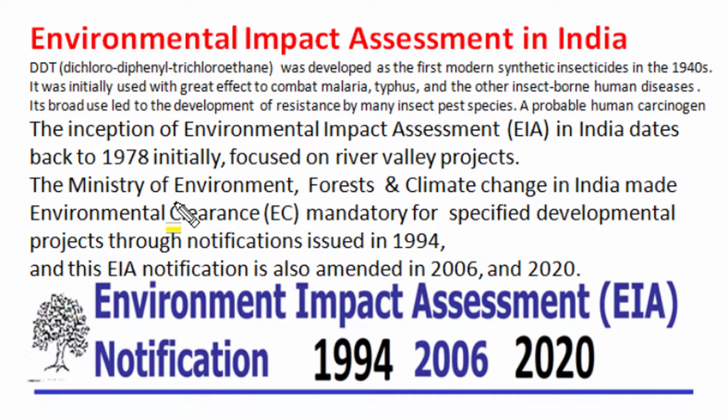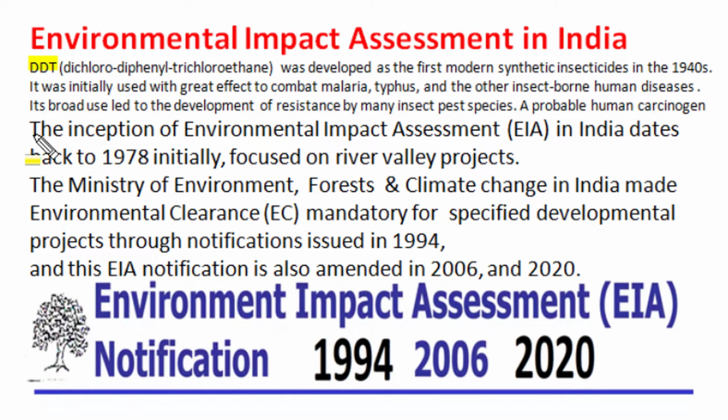The first environmental impact assessment of this world is related to DDT powder. DDT is dichloro-diphenyl trichloroethane, and it was developed as the first modern synthetic insecticide in the 1940s. It was initially used with great effect to combat malaria, typhoid, and other insect-borne diseases, as it was proved to be a very good insecticide.